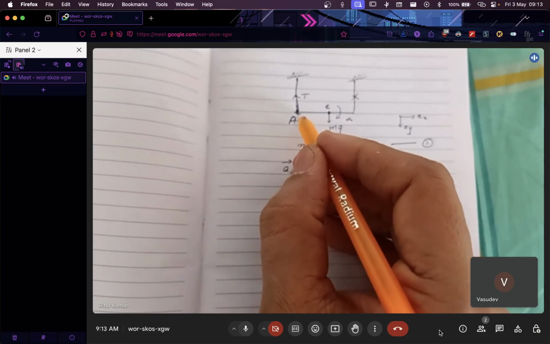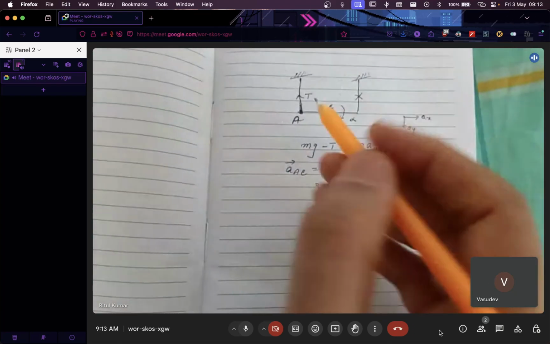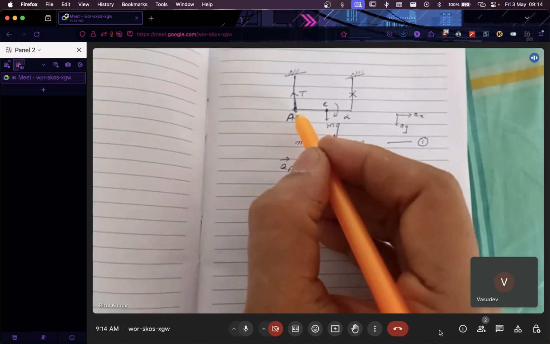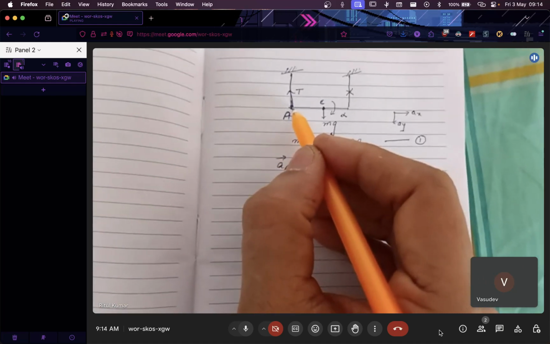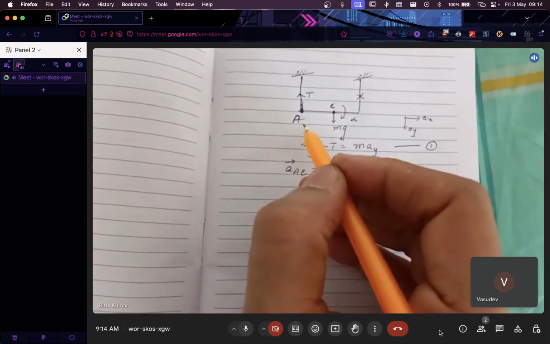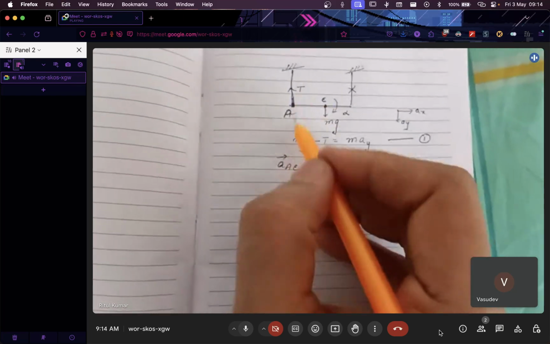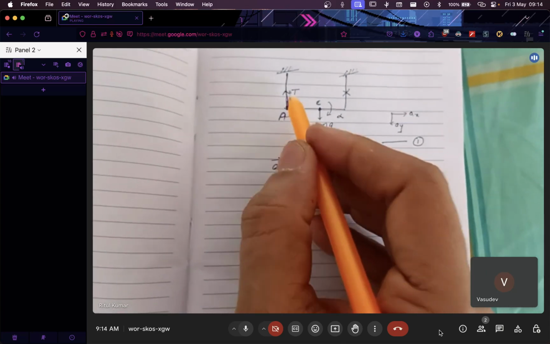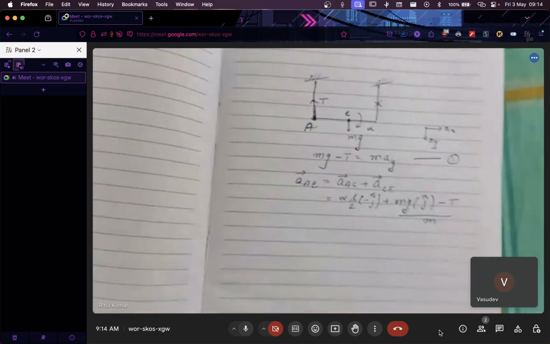So at once, the moment this problem is suggested, we can make a statement: this point cannot move in the y direction, the vertical direction. Therefore the acceleration of this point in the vertical direction is ought to be zero.